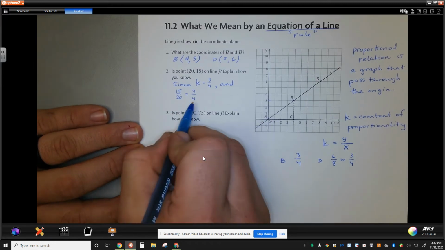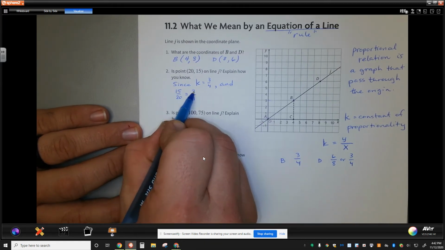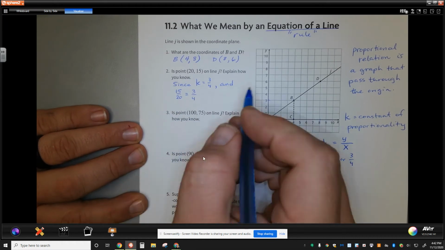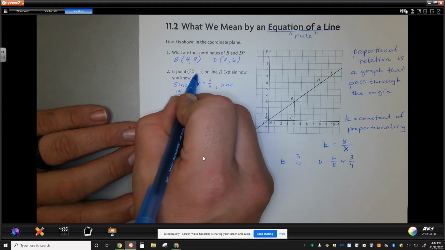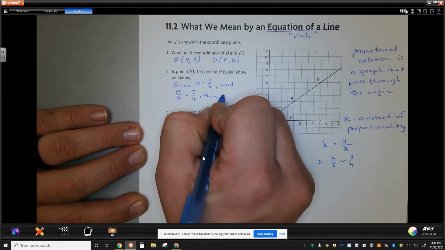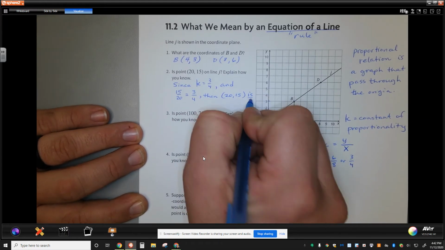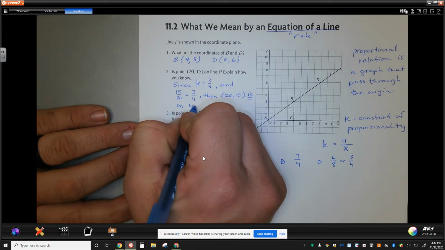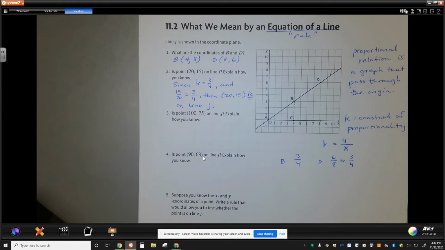The way that we got that, I took a common factor of 5. 15 divided by 5 is 3. 20 divided by 5 is 4. So since k, the constant rate, is 3/4, and this ratio of 15/20 is equal to 3/4, then (20, 15) is on line J because it follows that proportional rate.